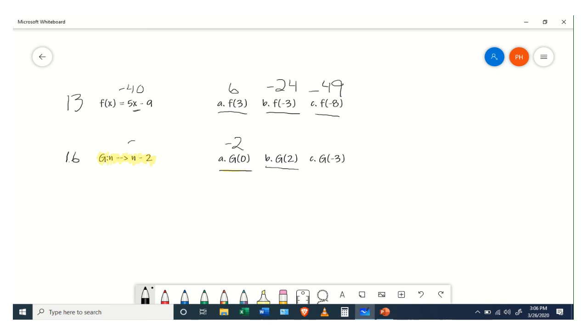There's the 2 we're inputting. 2 minus 2 is going to equal 0. And then lastly, letter C, G of negative 3. So if we have negative 3 for our input, negative 3 minus 2 is simply negative 5.